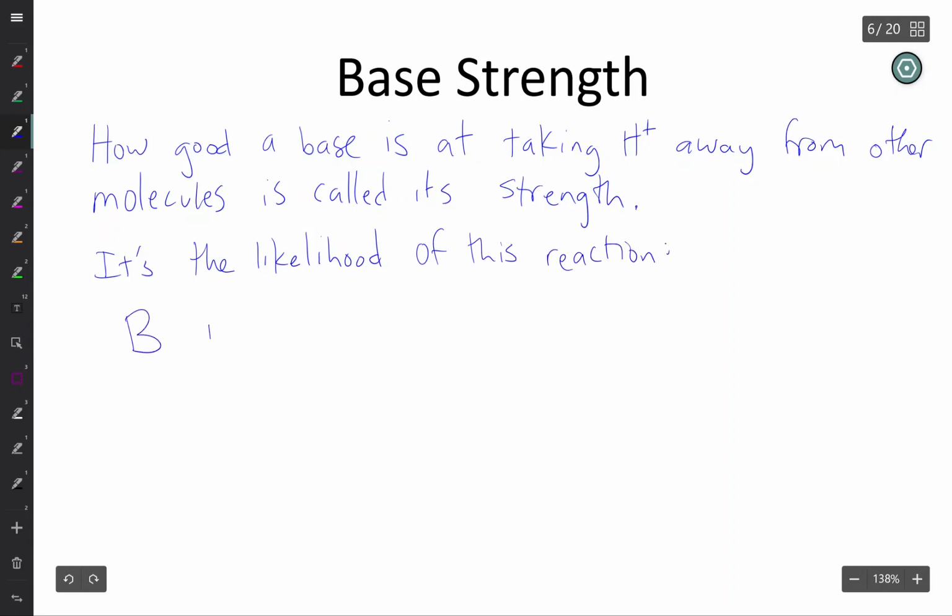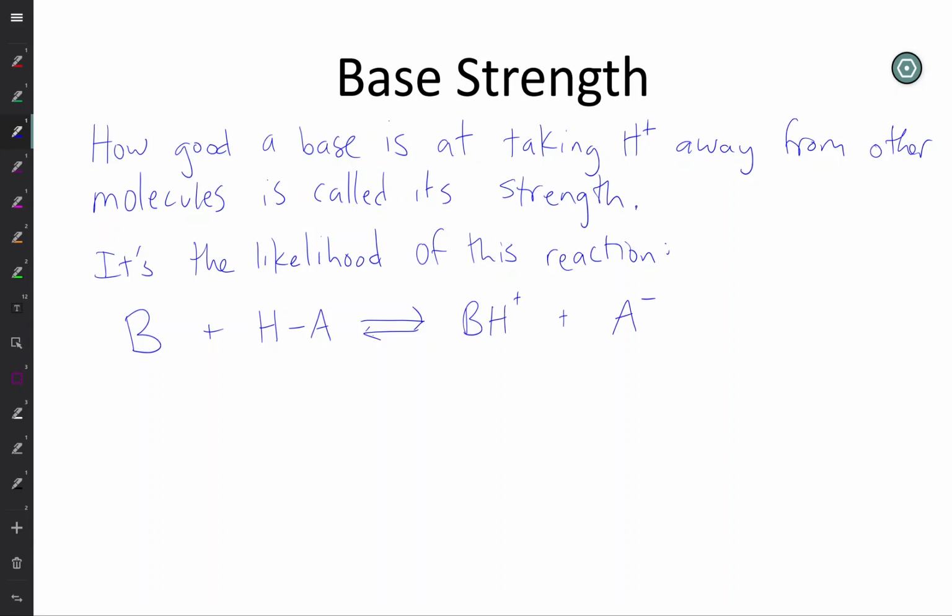The more likely this reaction is, the stronger we would say the base is.